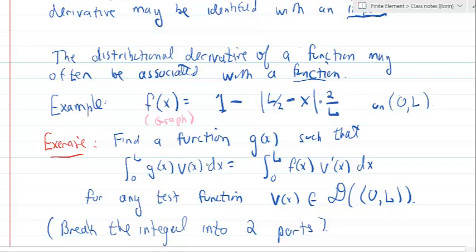Okay. You'll have to break the integral into two parts because this function has two smooth pieces. The piece from 0 to L over 2 and the piece from L over 2 to L.